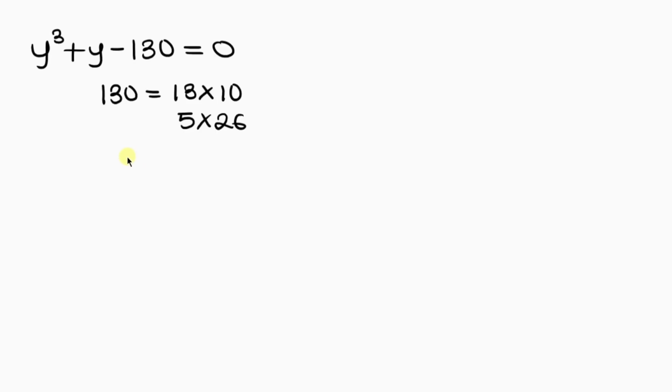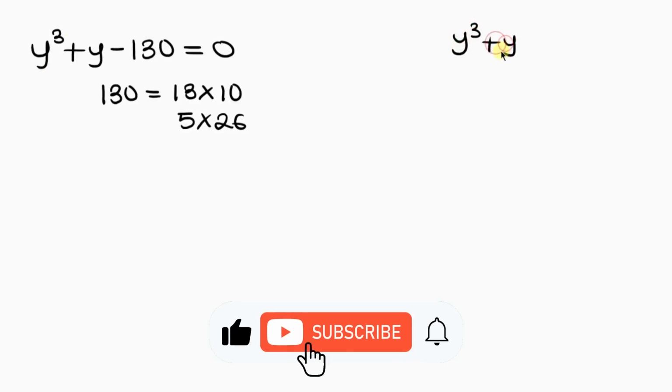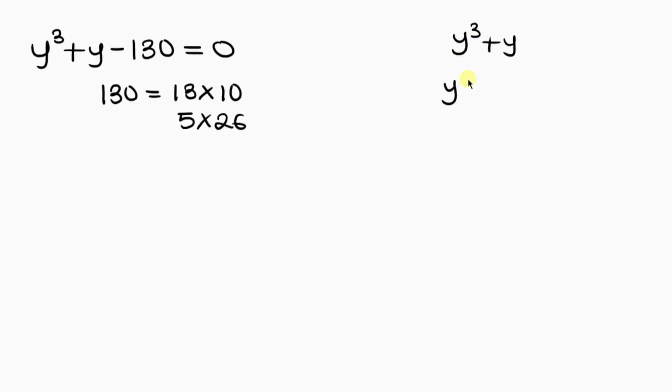Well, in order to choose correctly, I'm going to pick this, which is y cubed plus y. And if I factorize this, y is common, so let me bring it out. Now, y cubed divided by y is y squared plus y divided by y is 1. So which of these two factors can I write to look exactly like this? Obviously, it can't be this, but it can be this one.